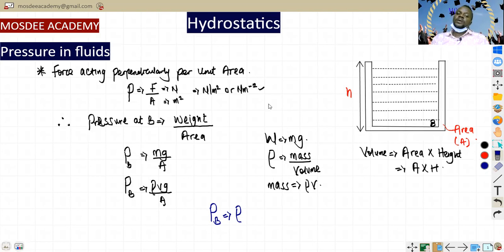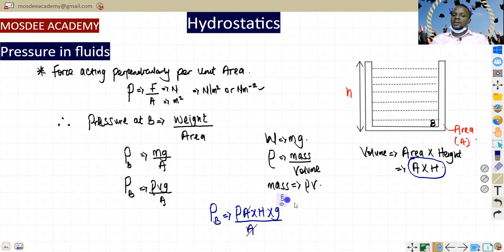Please keep that at the back of your mind. So we say rho multiplied by the volume, which we just discovered is area times H, A times H, multiplied by g. We are dividing everything by A. From what you have studied in early classes, A gets cancelled out.